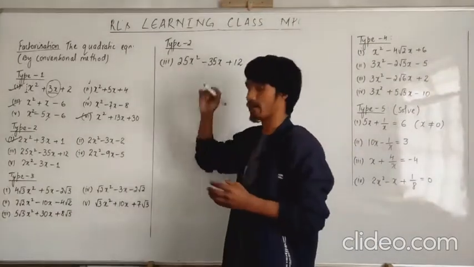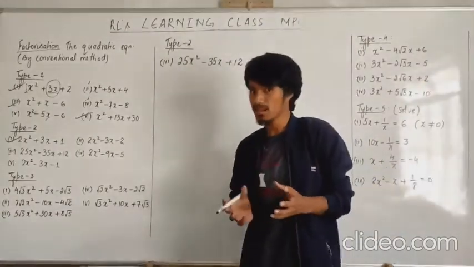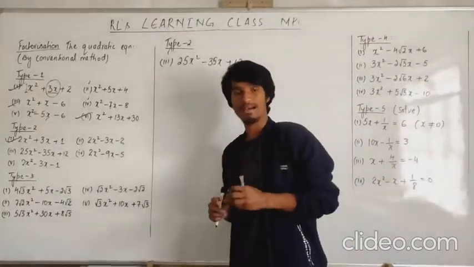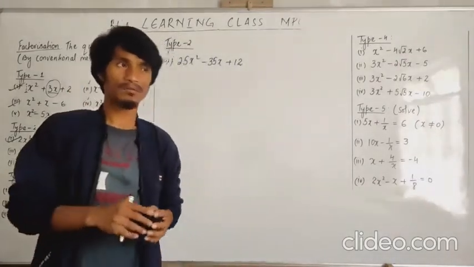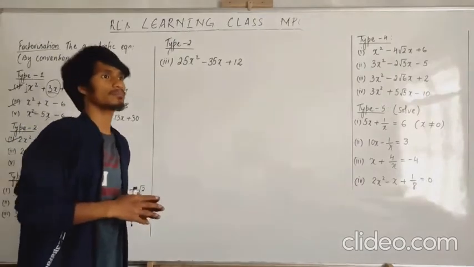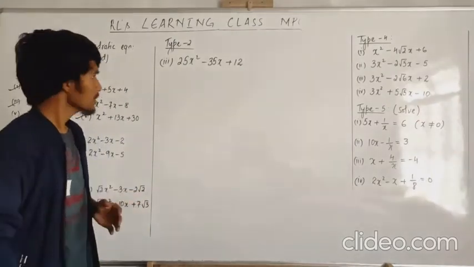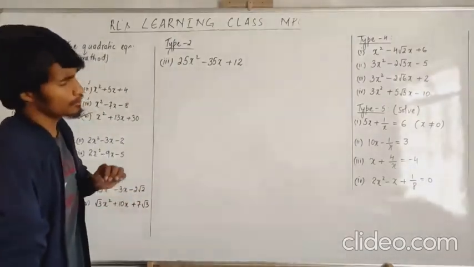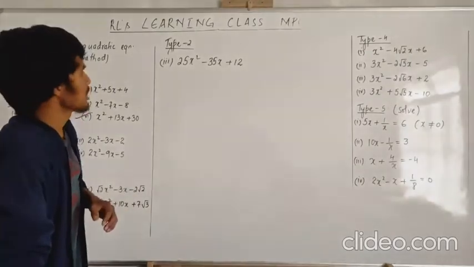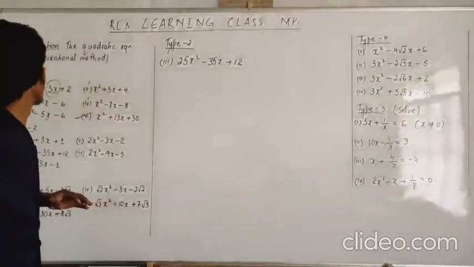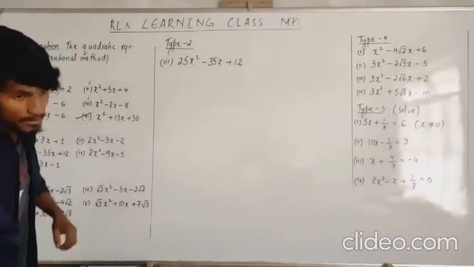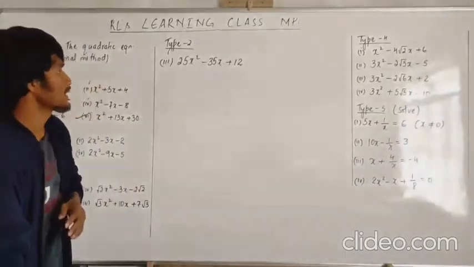When the numbers are very, very large. In that case, using the quadratic formula is preferable, because completing the square also takes a longer method, and the quadratic formula will be very, very fast. But here I won't teach the quadratic formula. I'll teach only how to factorize, meaning split the middle term.